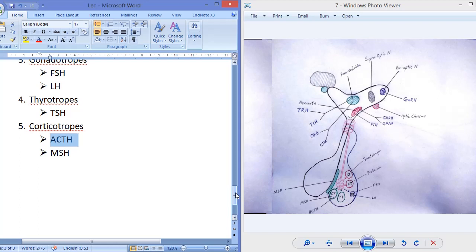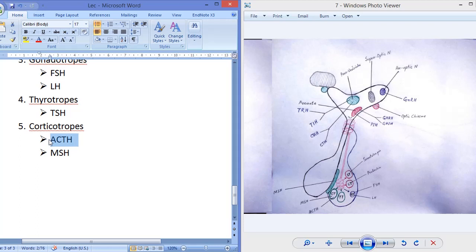And in which condition are the cortisols secreted? The cortisols are majorly secreted when somebody is in stress. The adrenal corticotropic hormone is released when somebody is in stress. So this adrenal corticotropic hormone stimulates the zona fasciculata and zona reticularis to secrete the cortisol.